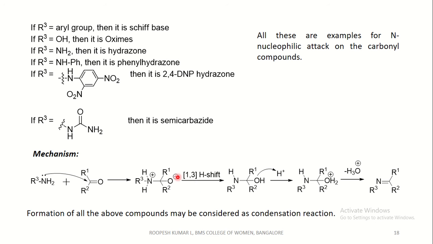That is, this negative charge on oxygen takes the proton, which shifts and neutralizes the positive charge on nitrogen to form the corresponding hydroxy group. The lone pair on oxygen takes one more proton from the acid to form an OH2 plus molecule. This, on losing a water, gives an imine derivative.